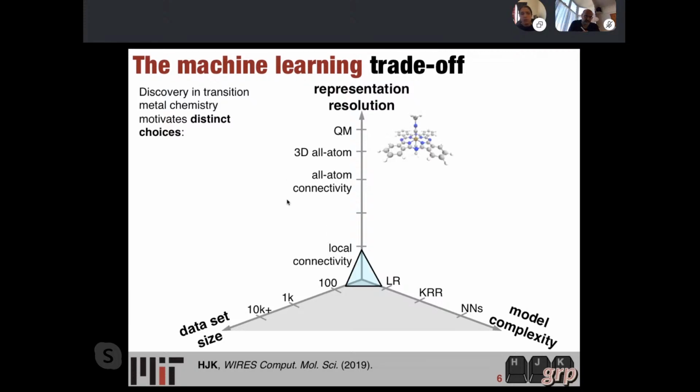But the main things to note are when we first got into this, the de facto way to think about building a representation was to hand all of the atoms and their identities and their separation in space to a model. But what we already knew from transition metal chemistry, for instance, is that what really matters the most for predicting all of the properties we care about was the metal center as well as the coordinating atoms.